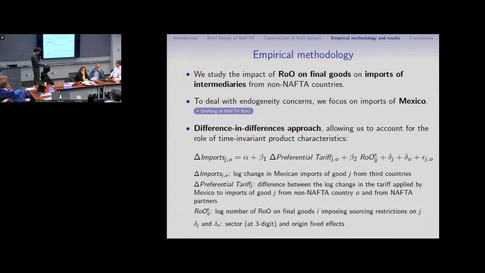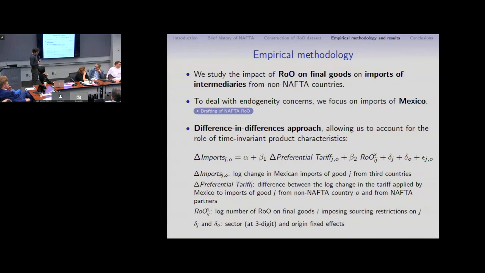So in order to deal with that, we first focused on the case of Mexico, for which the rules were mostly inherited from the CAFTA. On top of that, at the end we use these CAFTA rules of origin to instrument NAFTA rules of origin, and we still find the same results. I think in terms of identification, we are doing something pretty cool: there are some rules of origin that come from a previous agreement.